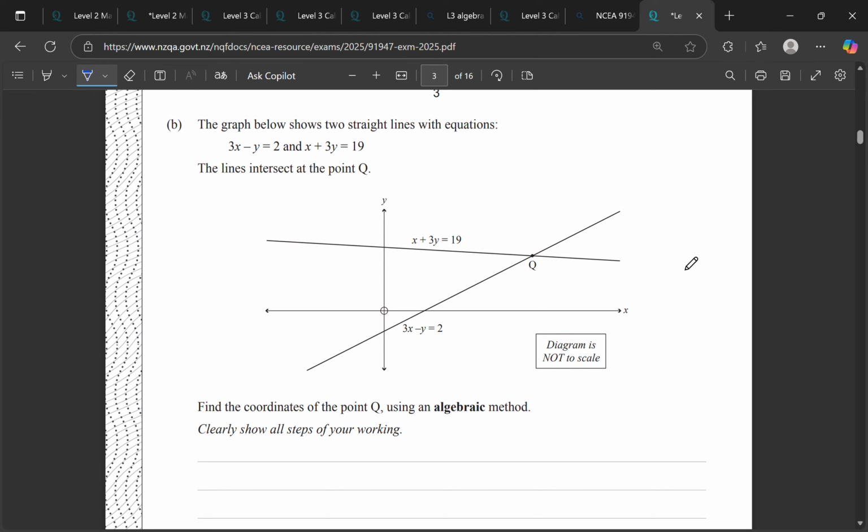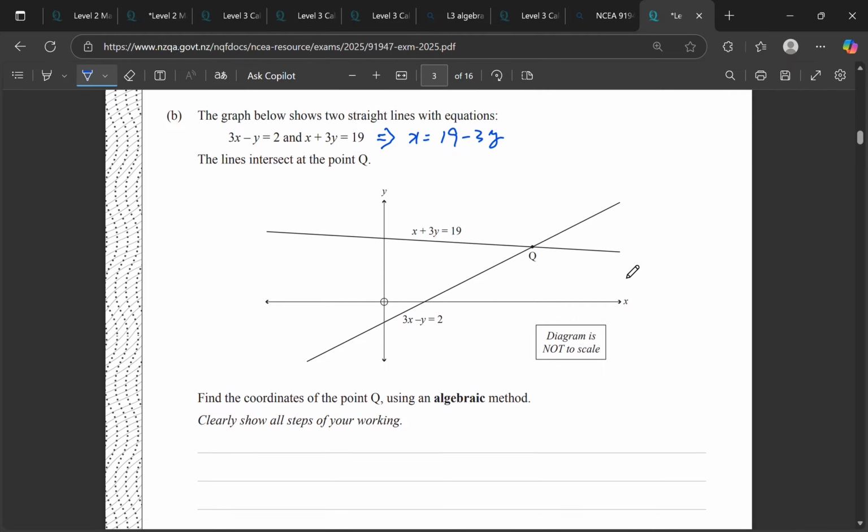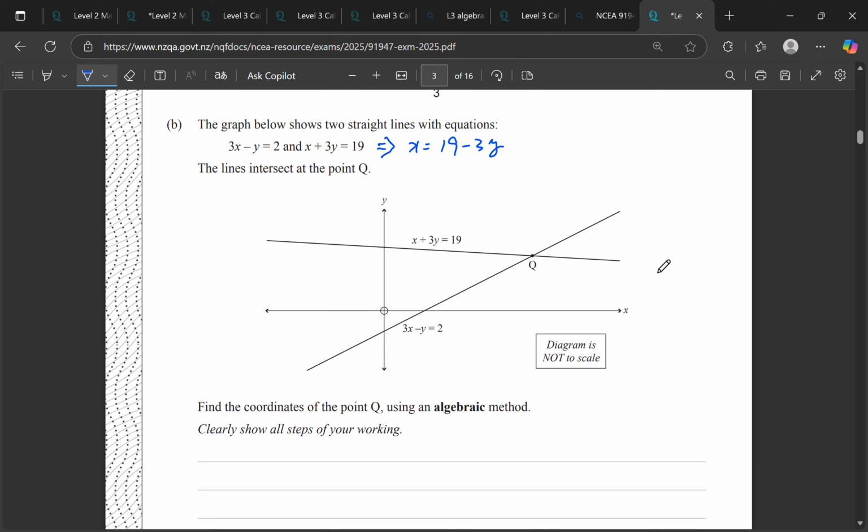The second equation, x plus 3y equals 19, can be rewritten as x equals 19 take away 3y. And then we plug this into the first equation. So I say 3 times, instead of x, 19 minus 3y, minus y equals 2.